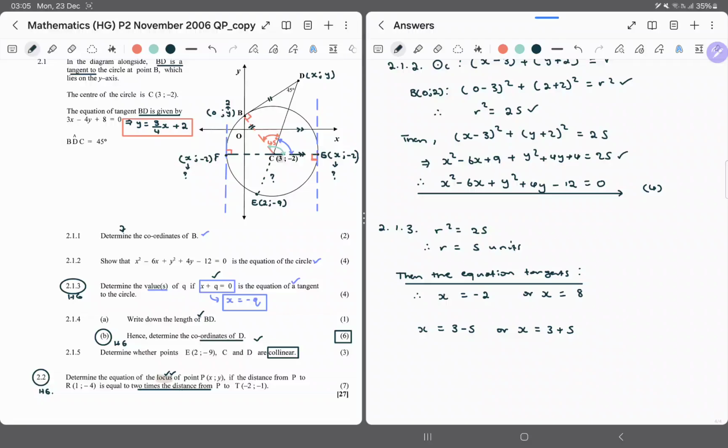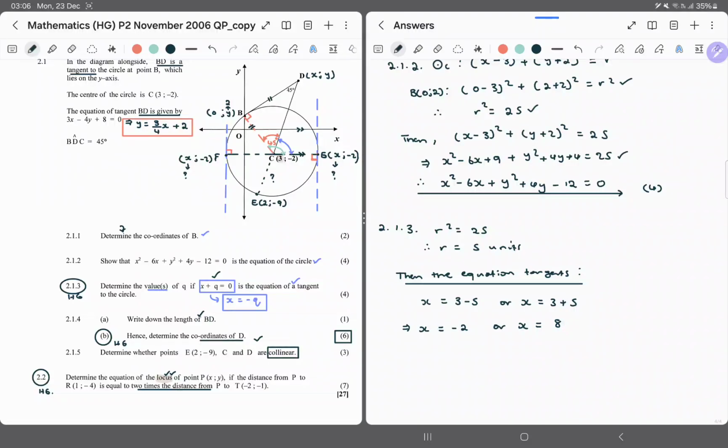Okay guys, this is the stories. So now we need to work everything back now. Okay, this one is not the one. These equations are such that we have this. Which implies that x is equal to minus 2, or x is equal to 8.